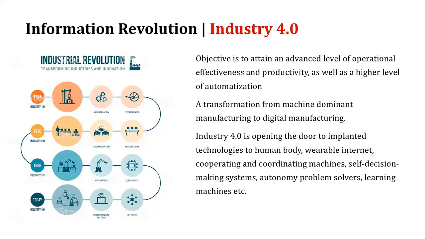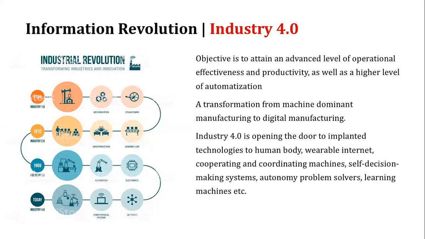So this is where we get these fancy words like IoT, which stands for Internet of Things, right? Then we have IIoT, Industrial Internet of Things, where the machines can talk to machines with very minimal involvement of humans, right?